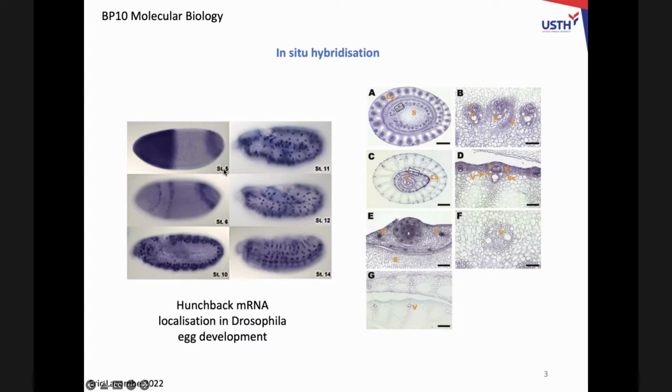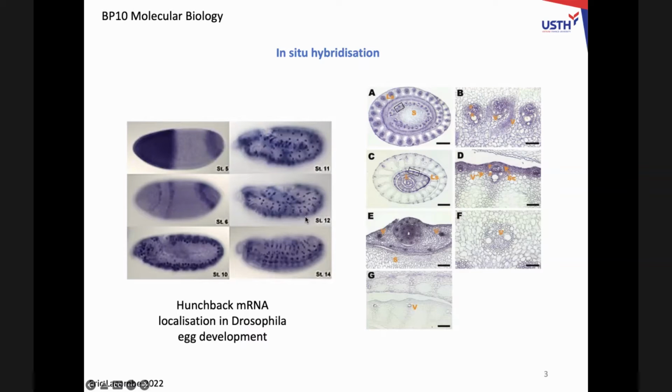At a very early stage, the mRNA is localized only on one side of the egg. Then after, you have some kind of stripe profile that is appearing, and so on. And this is what will define the head from the tail of the Drosophila, little by little.